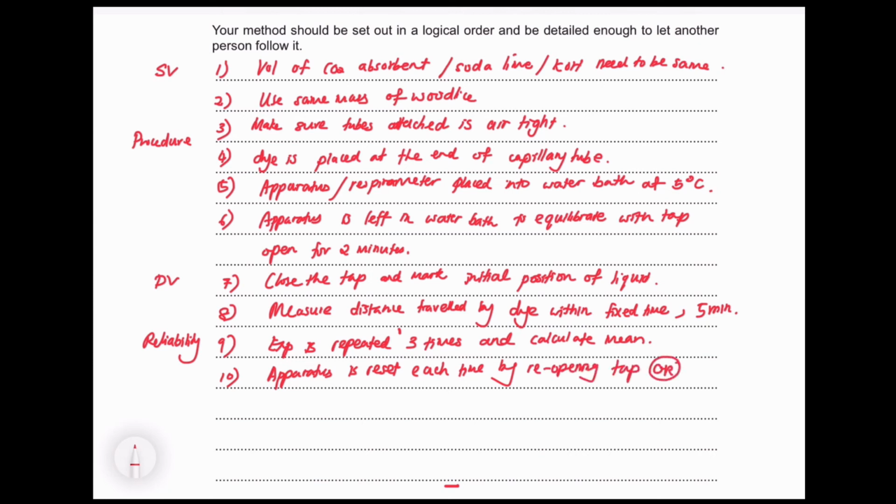So you can suggest by reopening the tap or using a syringe to allow the liquid to equalize. So this is how your dye will be returned to set point and you're ready to take another measurement.